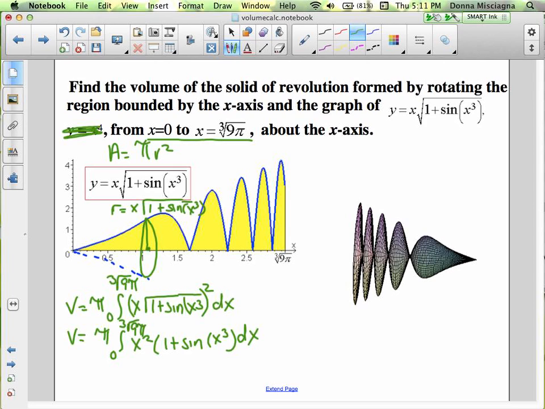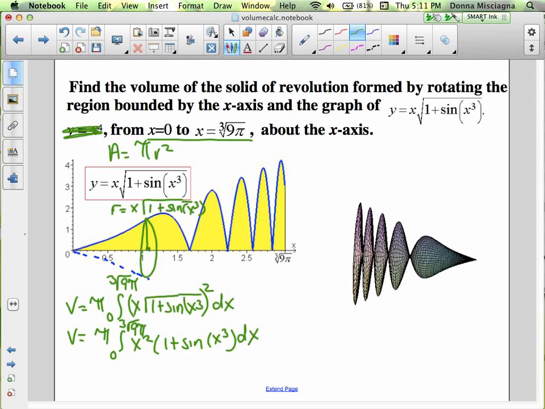There's no undoing a product rule. Sometimes if everything inside the parentheses is u, that's all good. But here it's not. We only want u. We don't want u to be 1 plus sine because then I need a derivative for sine. The 1's not a problem, but the sine is. But if we just make u x cubed, all will be super good.